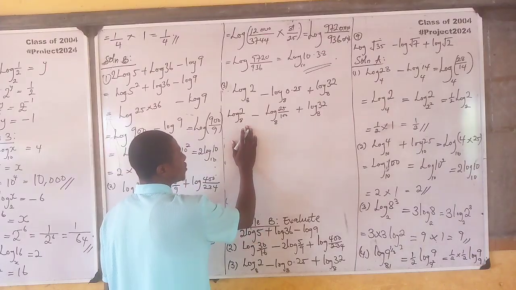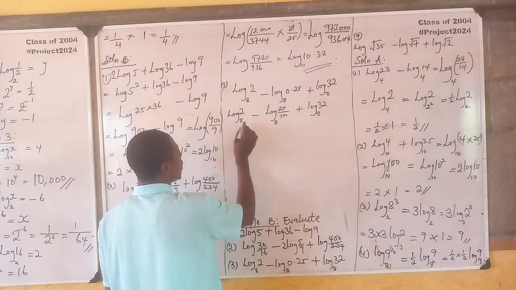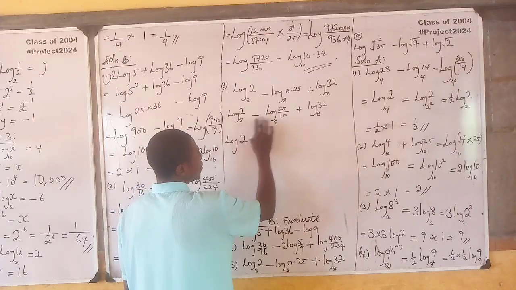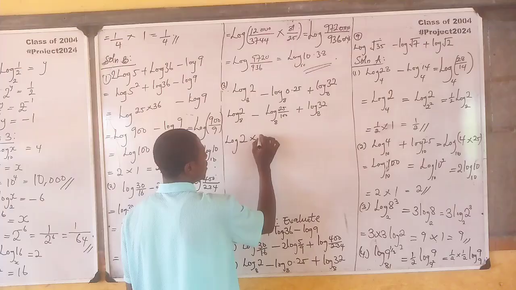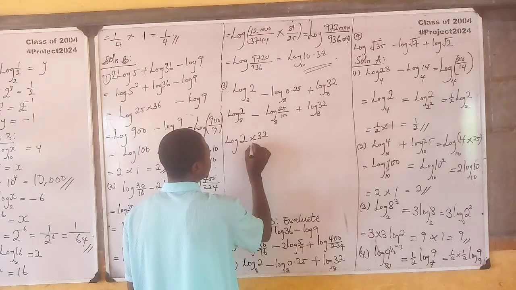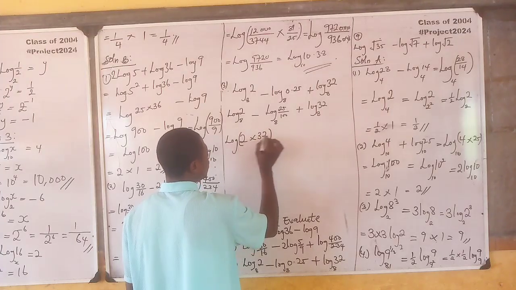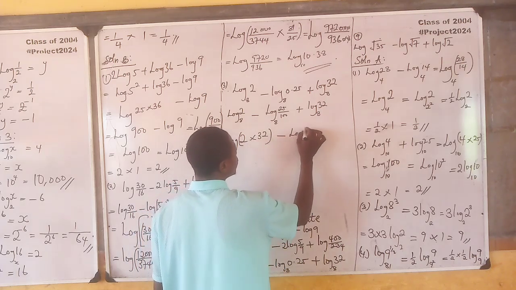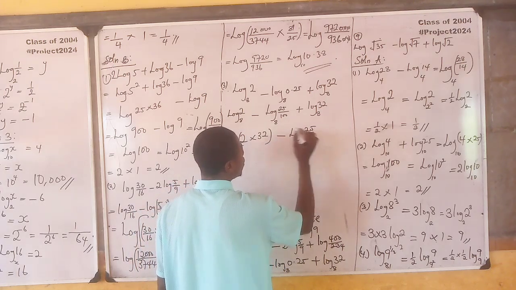Now that we have this, what we are going to do next is that we are going to quickly have our log of 2. Then since this is plus, it's going to be times 32. Then all of them here is minus log of 25 over 100.